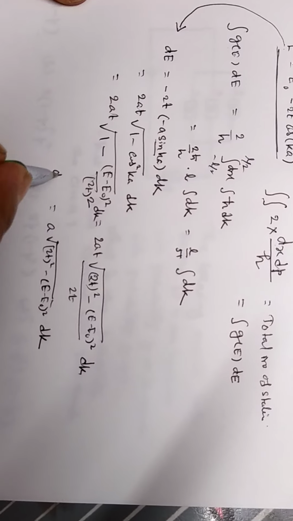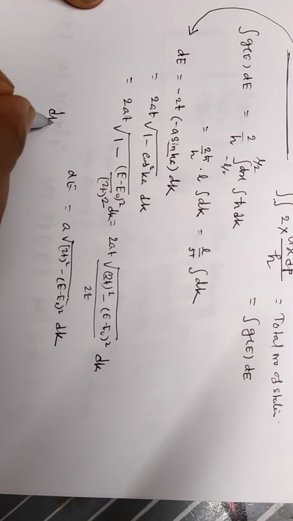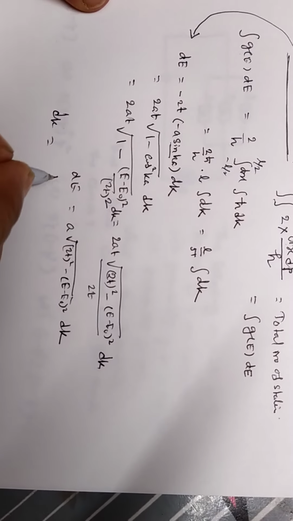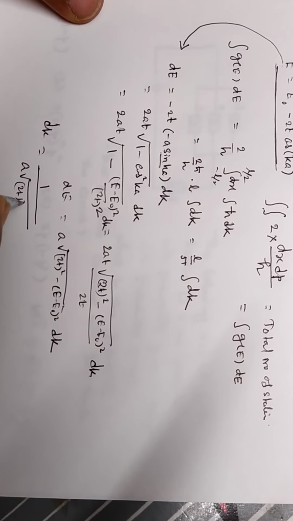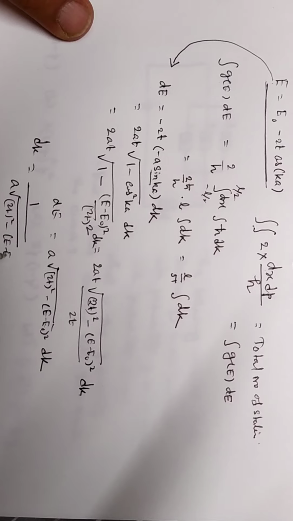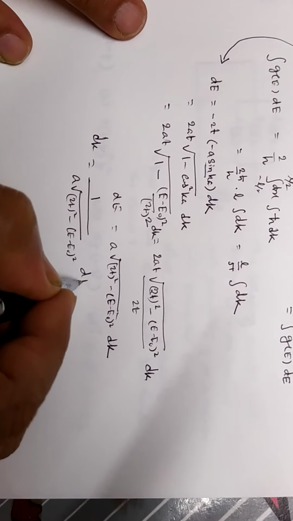And therefore dk equals 1 by a square root of 2t square minus E minus E naught square dE.